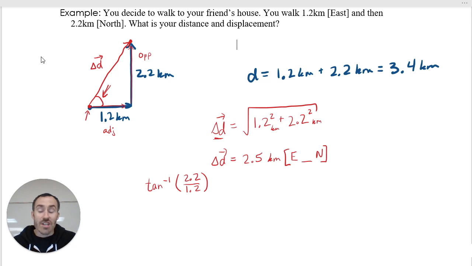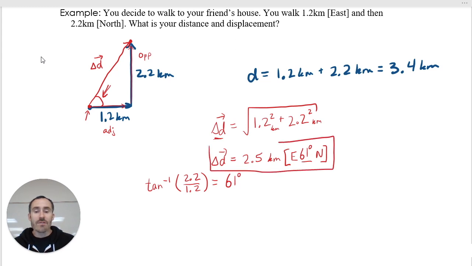Opposite divided by adjacent is tangent, so if I do the inverse tan of 2.2 over 1.2, I get 61 degrees. And so 61 degrees is what goes in here, and my final displacement is 2.5 kilometers east, 61 degrees north.